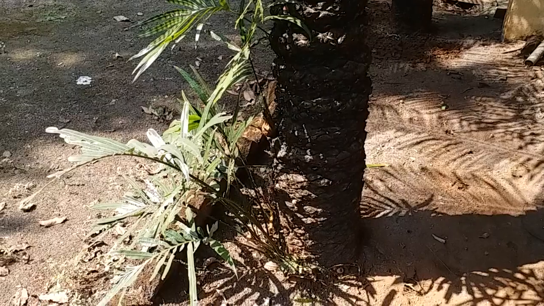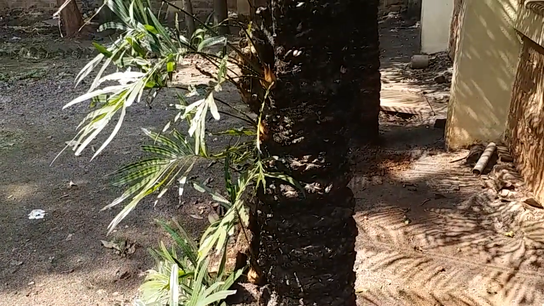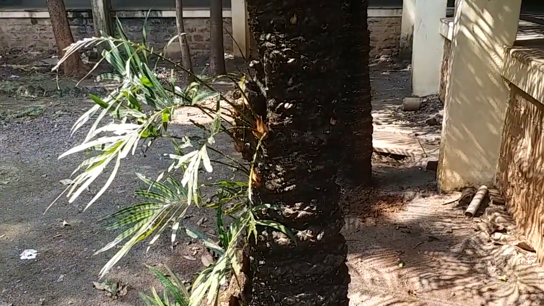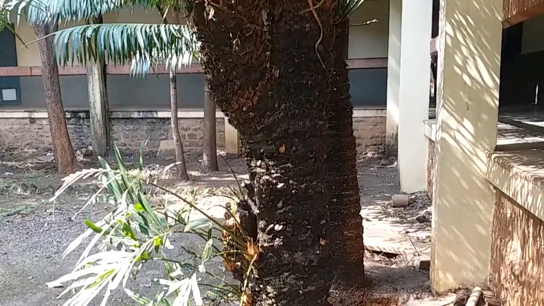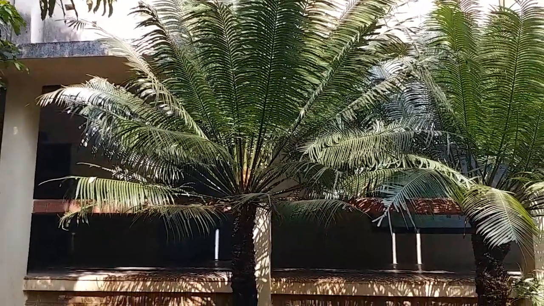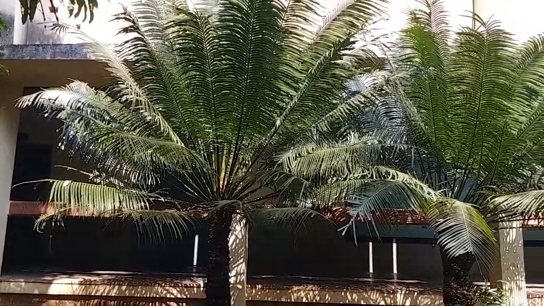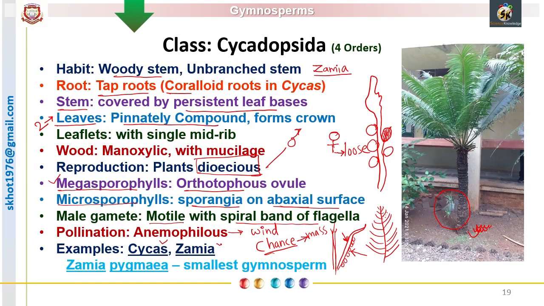The major mode of reproduction is with the help of bulbils. In this picture we can see the bulbils are present there. But the bulbils cannot move far away from the mother parent. So their distribution is also restricted. The best example of Cycadopsida is Cycas, which we discussed in this entire discussion. Another example is Zamia.